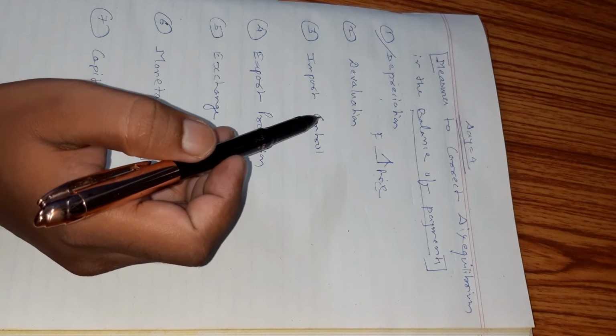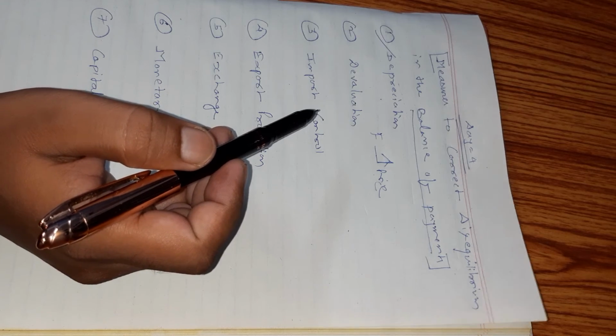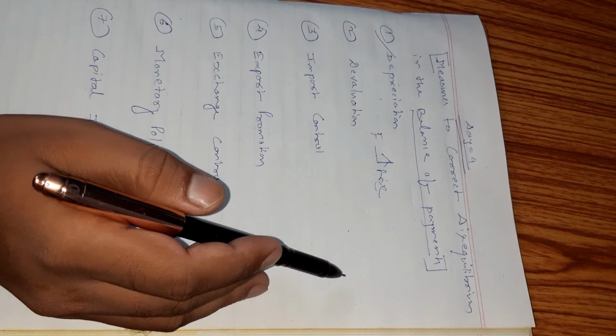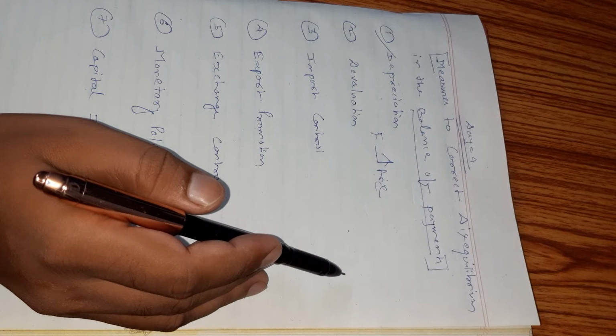Second is devaluation. Devaluation is what? Now I'm going to discuss it. A country can devalue its currency to wipe out deficit in the balance of payment.